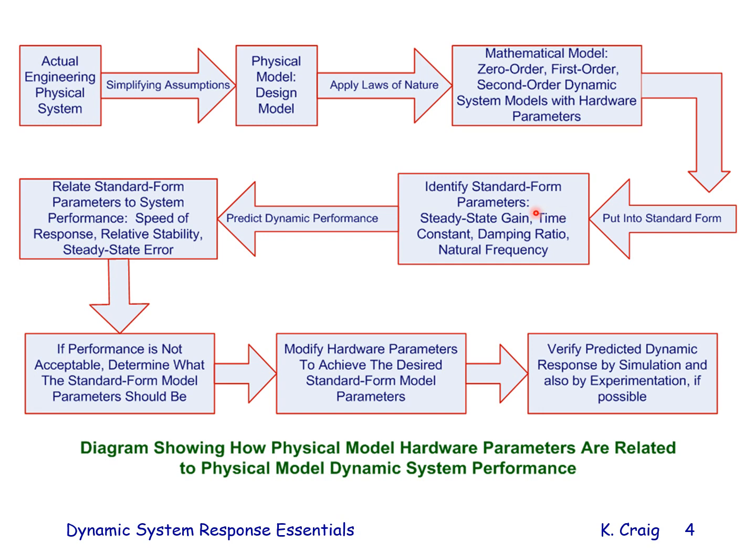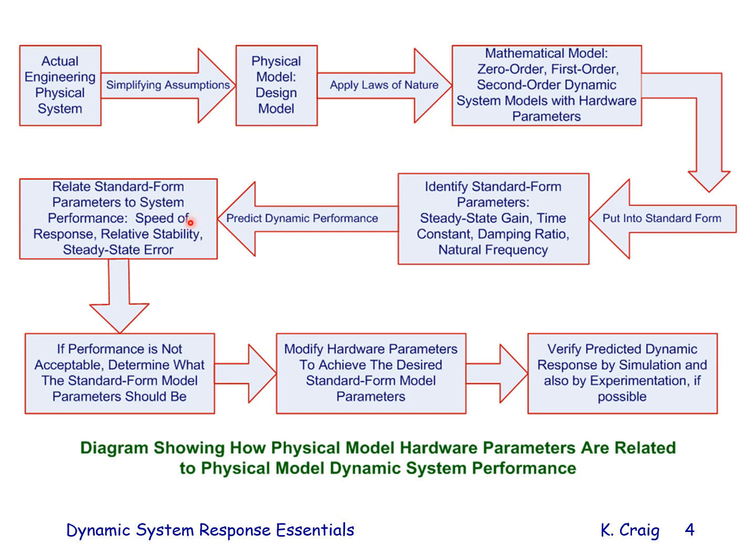The parameters in the standard forms include steady state gain, time constant, damping ratio, natural frequency. We use these standard form models, mathematical models, to predict dynamic performance. We can relate these parameters to dynamic performance.